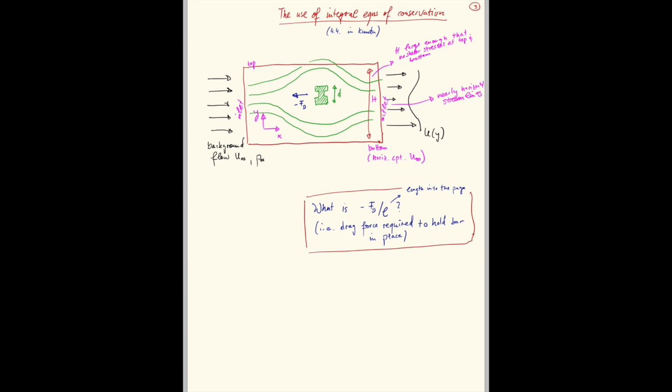Same at the inlet, we assume that this distance between the inlet and the bar allows that there's no effect of the bar on the upstream flow at the inlet.